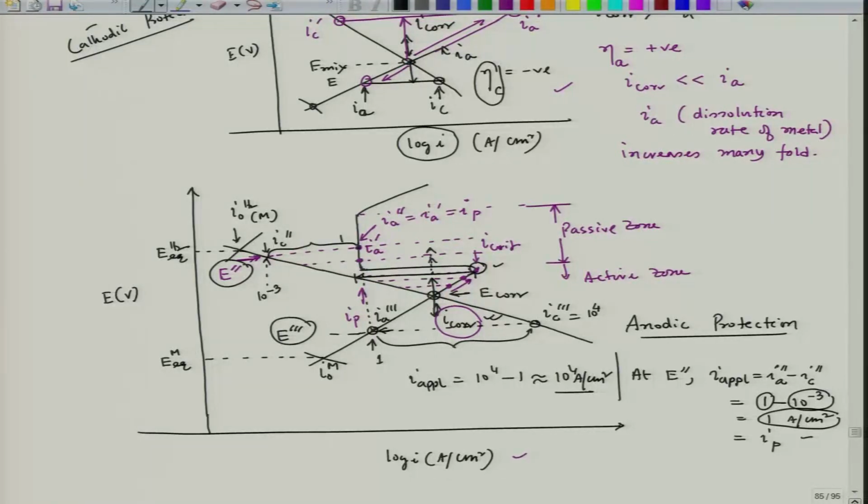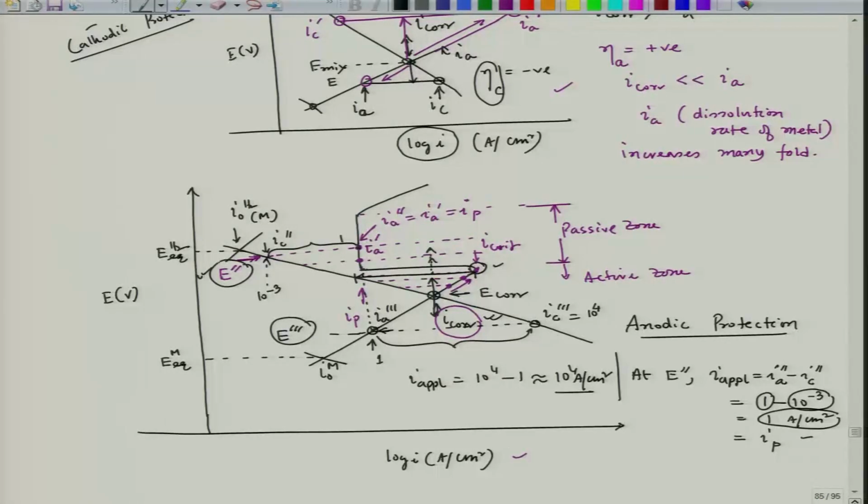So, in the beginning it will be a very large current requirement, but once we cross that particular barrier of large current, then I will need a very small current in the circuit for getting a very good protection of that particular metal, and that happens because of the passive film formation on that metal at that potential, which is E double prime.